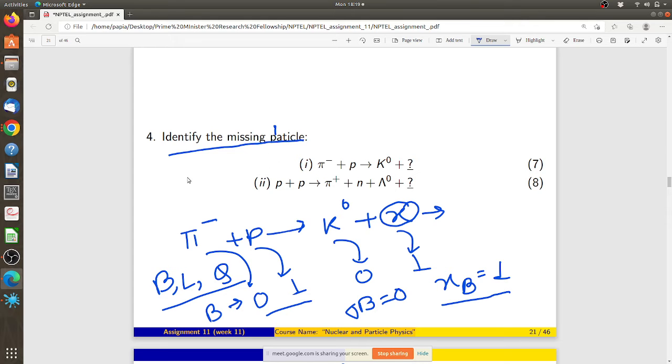So can you please tell me only one number, B? Okay. Baryon. Proton, it's not a baryon? Proton is baryon or not?